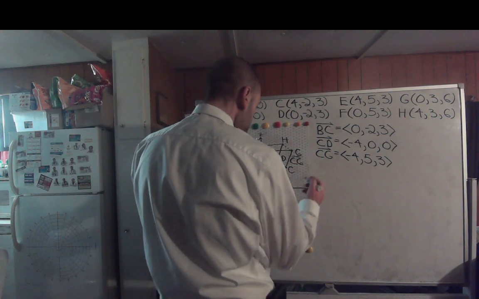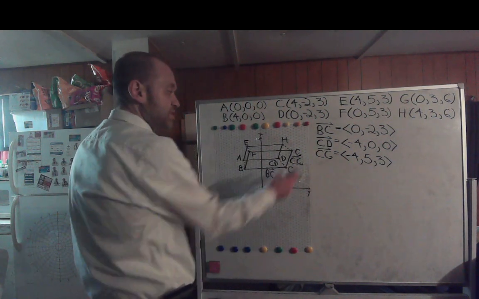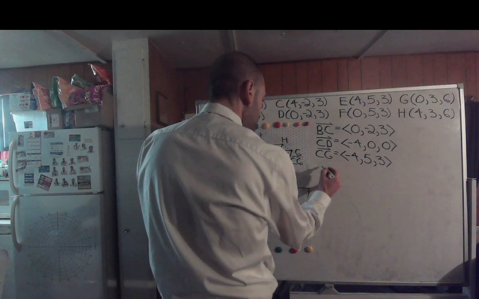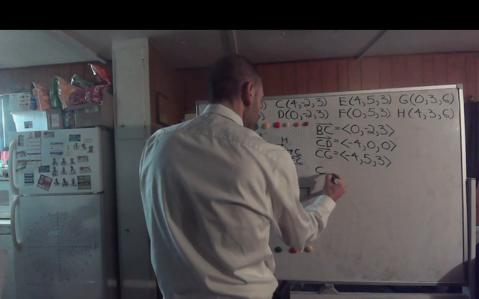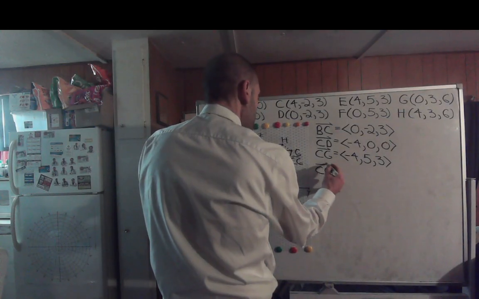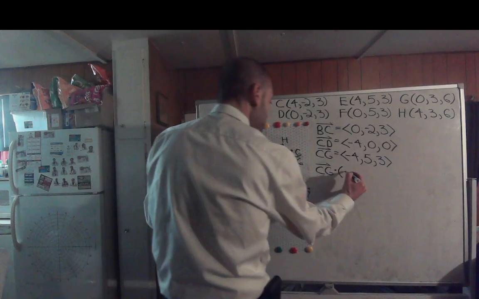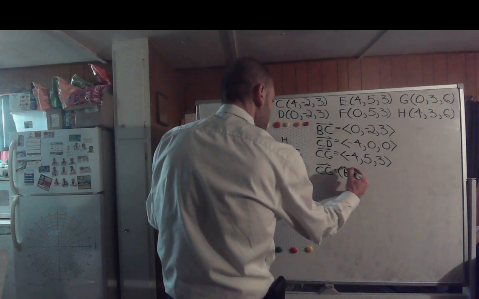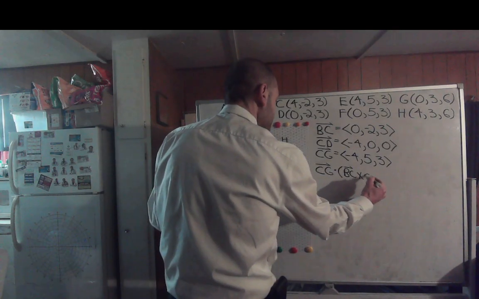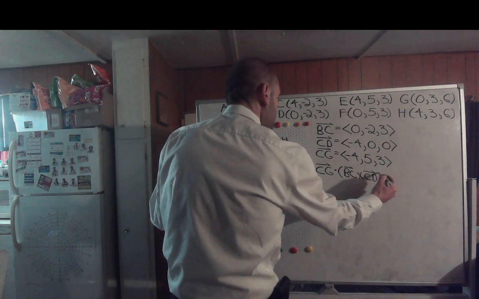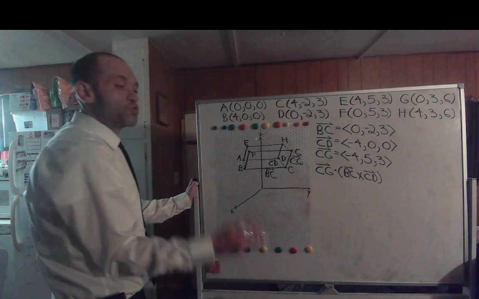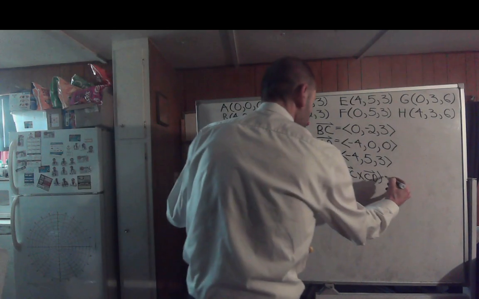So if CG represents our height, we're going to take vector CG with the dot product of vectors BC crossed with CD. That would give you your triple scalar product for these vectors.